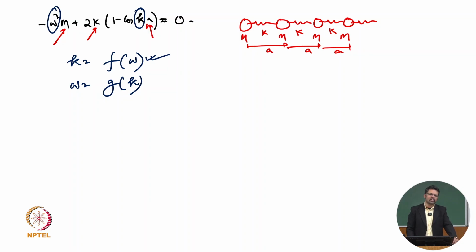Is there any possibility that in some of the cases we are giving the kappa, the wave number? How can you realize a wave number? Or inputting a wave number, what does that mean to you?